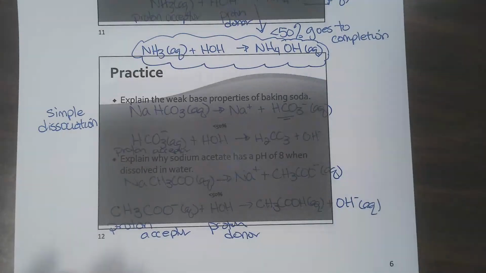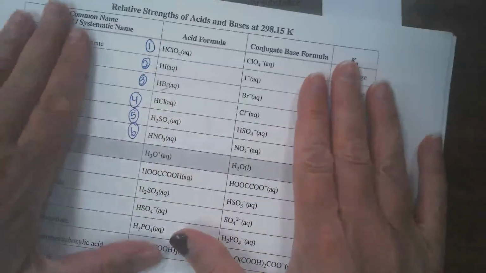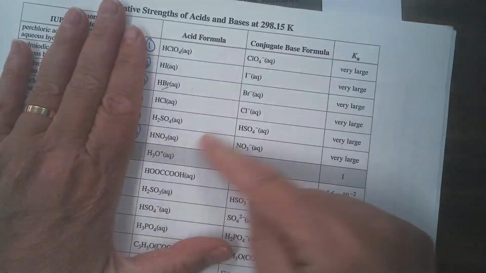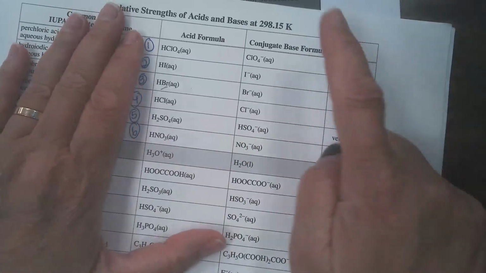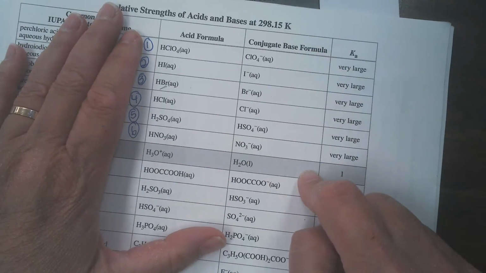And when we go back to that really fancy page that I showed you, page 8 to 9, is either acetic acid or the acetate ion in the top 6? Nope, not even close.